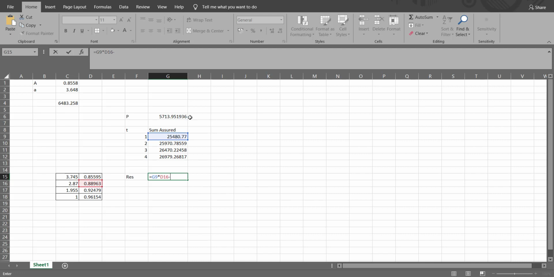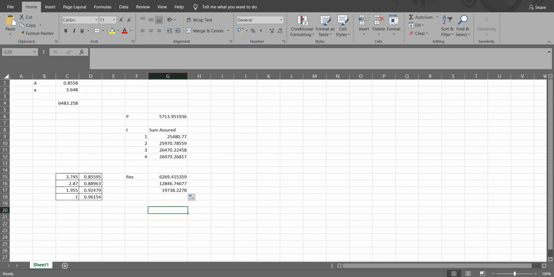Minus your premium, which will be fixed, F4, times, sorry, F4 times your annuity factor, equal to, this is your reserve, and you need this for 3 more years? Yeah, so these are your reserve amounts.